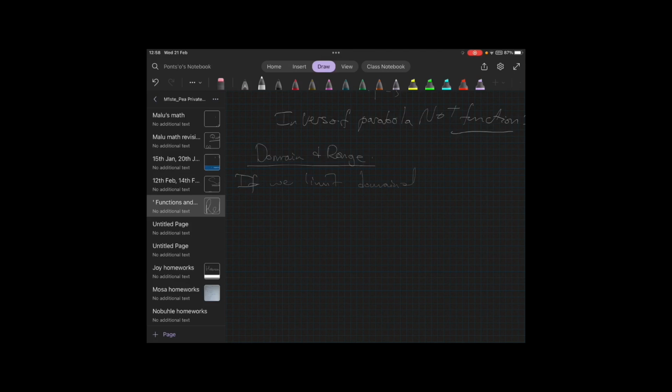Okay, if we limit the domain of the parabola, then the inverse can be a function.